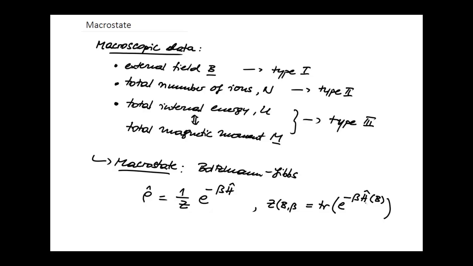So the Hamiltonian is an N spin Hamiltonian, and the trace is in the N spin Hilbert space. And therefore, the partition function also carries a dependence on N. So immediately with our general recipe, we know how to write down the macrostate, and we have a formula for the partition function as a function of its natural variables, and its natural variables in this case are B, beta, and N.